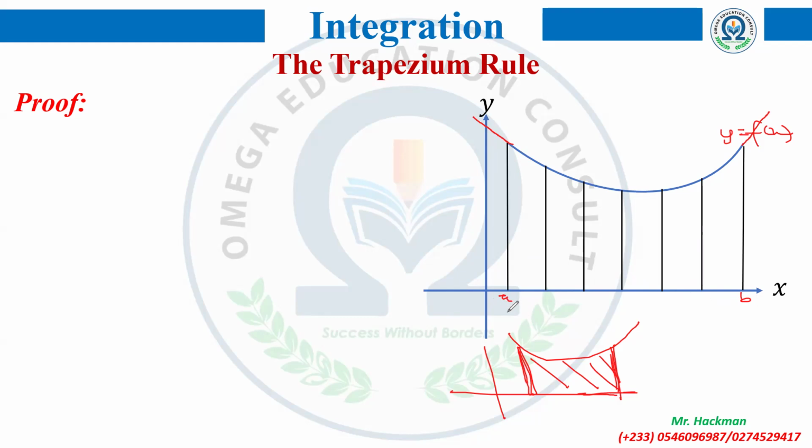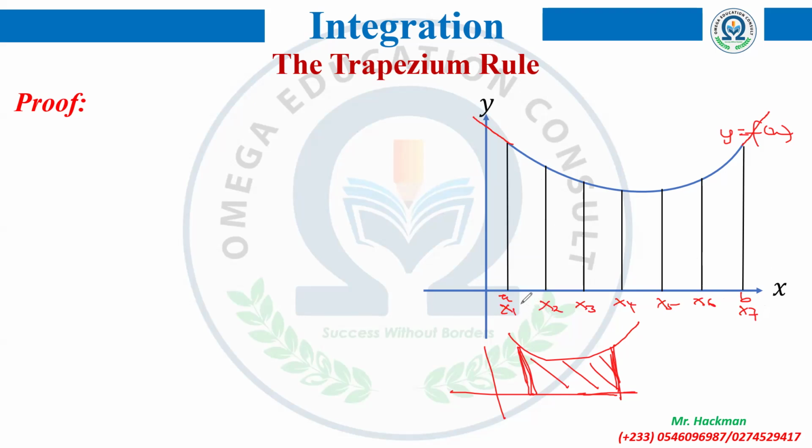So this is my first ordinate, x sub 1, my second ordinate x sub 2, my third x sub 3, my fourth x sub 4, x sub 5, x sub 6, and this one gives me x sub 7. If I count, I'm looking at 7 ordinates.